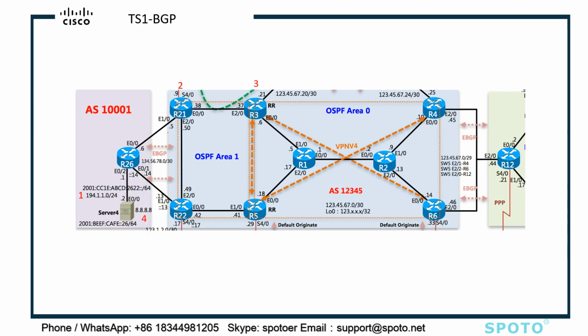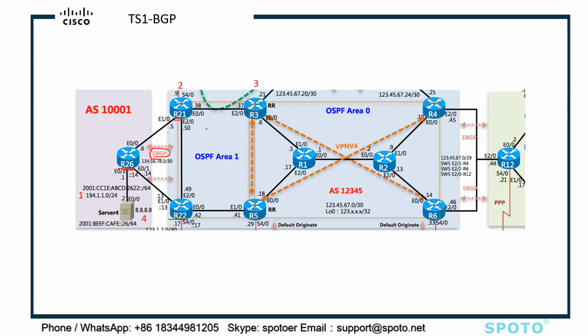We can see here between R26 and R21, and between R26 and R22, they are eBGP. Because these two routers are in different AS, it's called the exterior BGP neighbor relationship.